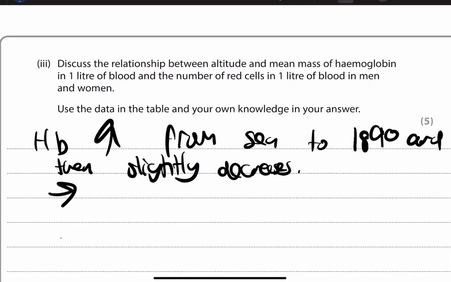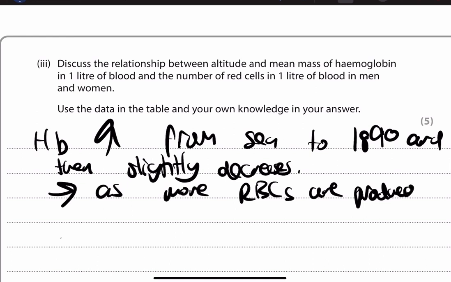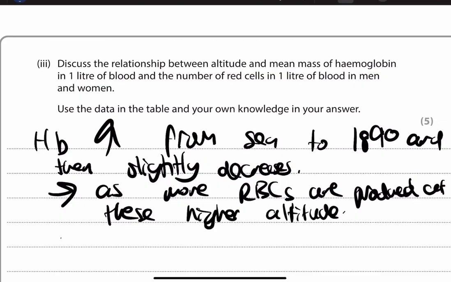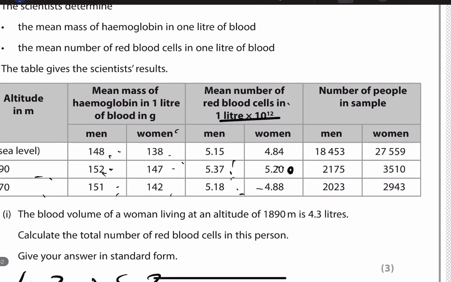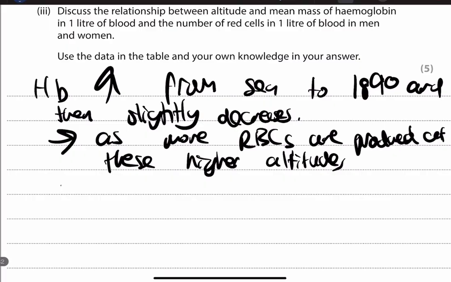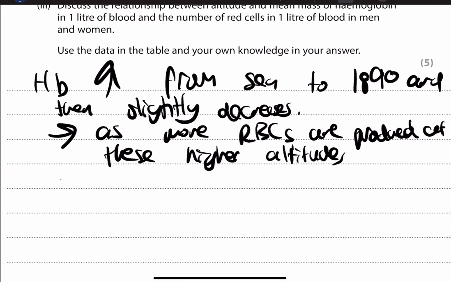Well, this is linked to the idea that more RBCs are produced at these higher altitudes, right? So where we see more red blood cells produced per liter, of course we're going to have a higher mean mass of hemoglobin. But why are more red blood cells produced?